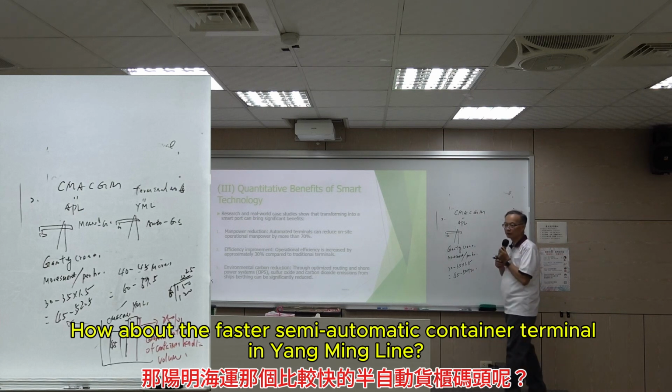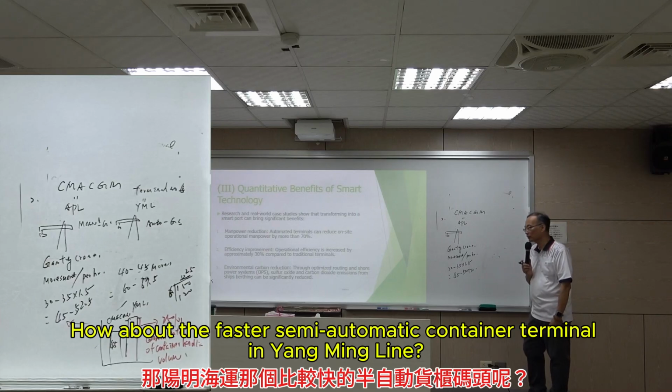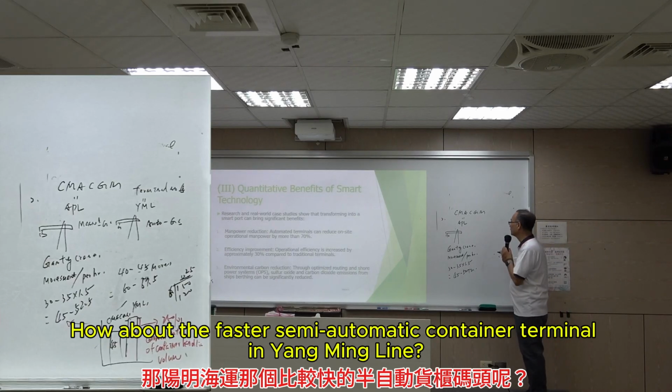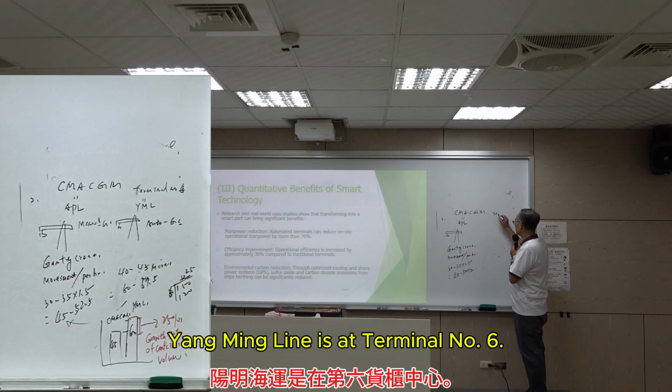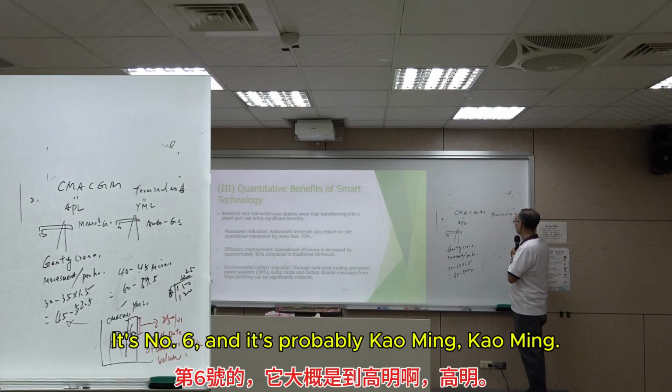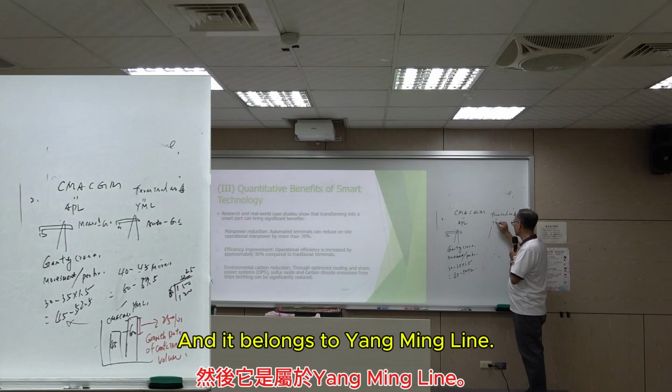How about the faster one? We say the semi-automatic terminal in Yangming Line. Yangming Line is terminal number 6, near Kaohsiung, and it belongs to Yangming Line.